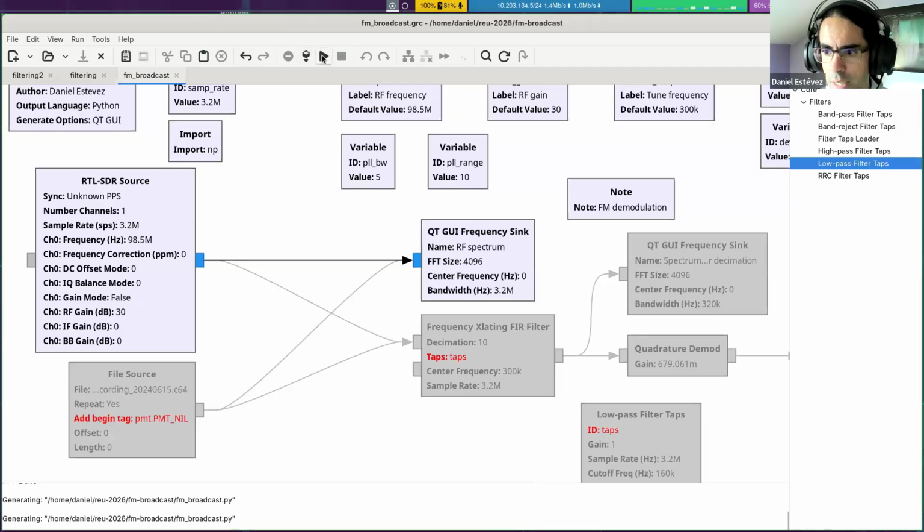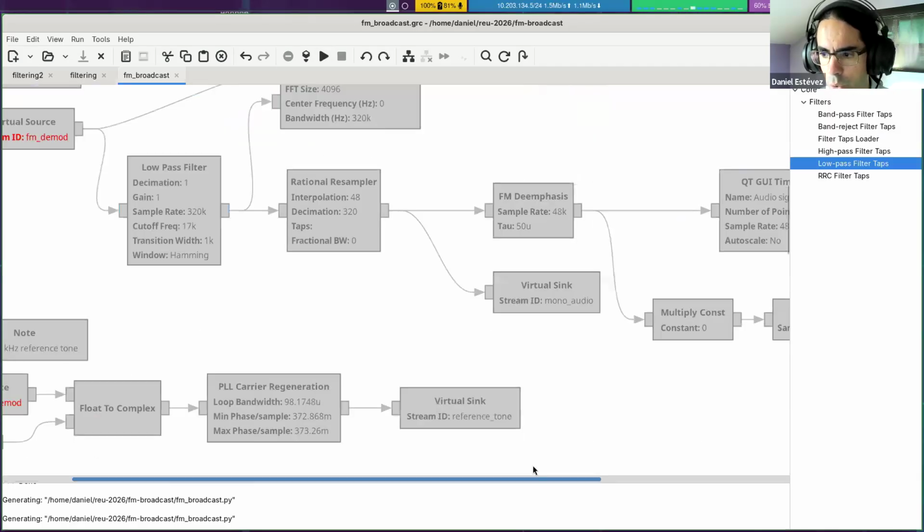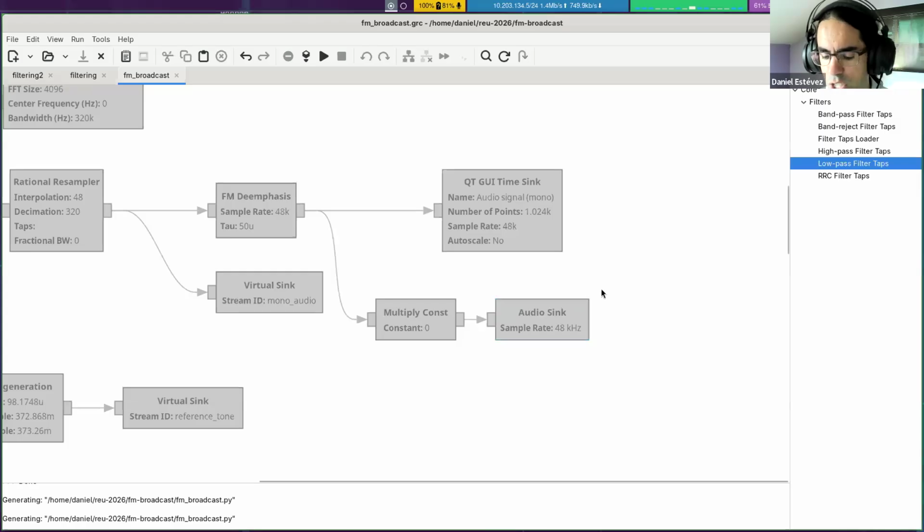And so the first thing is what happens if I have my RTL-SDR source and just connect it to a audio sink. This might be the thing you need to do if you are about to search for FM stations in your location. By the way, just something to keep in mind, if we are using a file source, we don't need any throttle block if we have the audio sink, because the audio sink will set the rate for us.